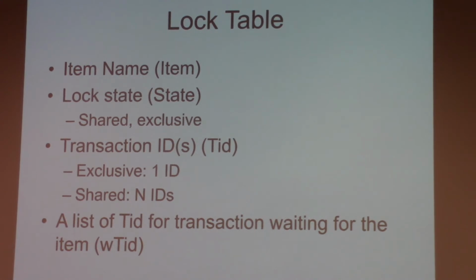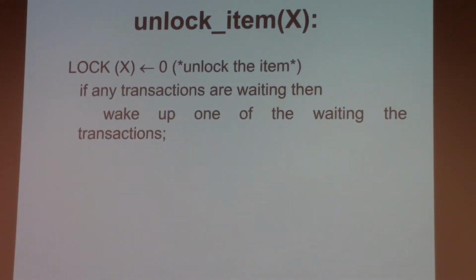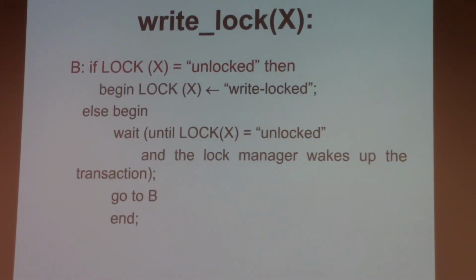Only one transaction can take the exclusive lock, but there might be another transaction, or a number of transactions, that request the locked item, so we keep a list of those. Regarding the operations for lock management, we have lock item, unlock item, read lock, and write lock.